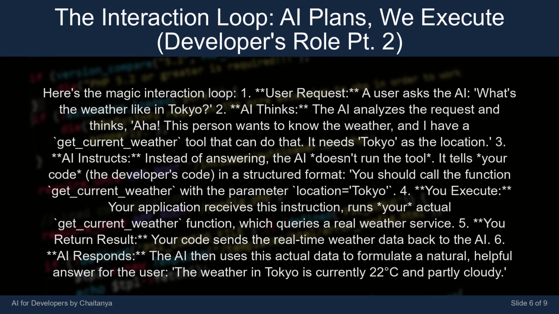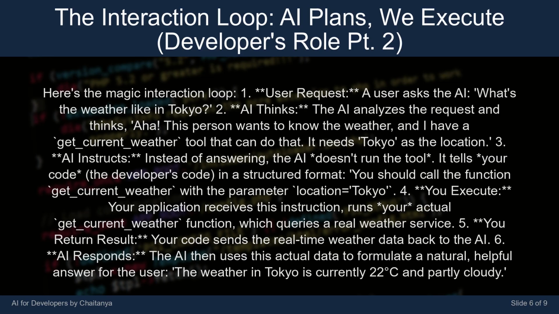It needs Tokyo as the location. 3. AI instructs. Instead of answering, the AI doesn't run the tool. It tells your code, the developer's code, in a structured format: you should call the function get_current_weather with the parameter location equals Tokyo.